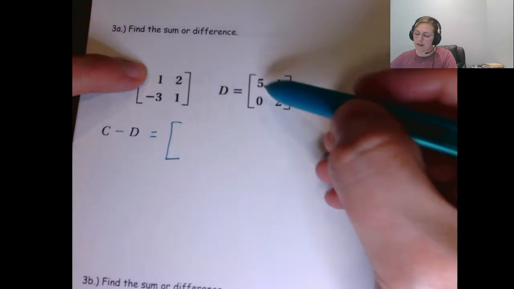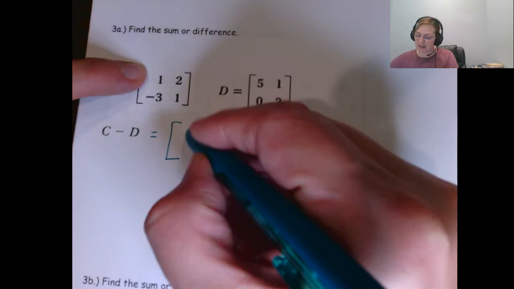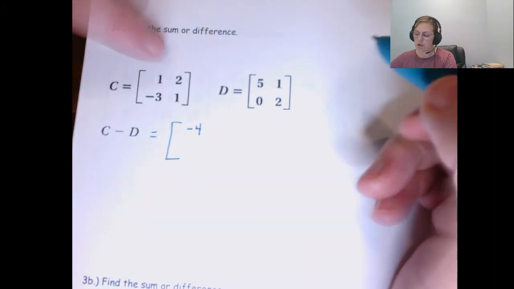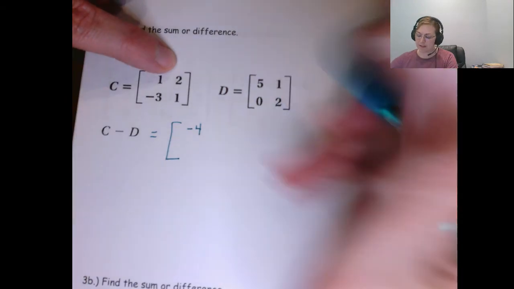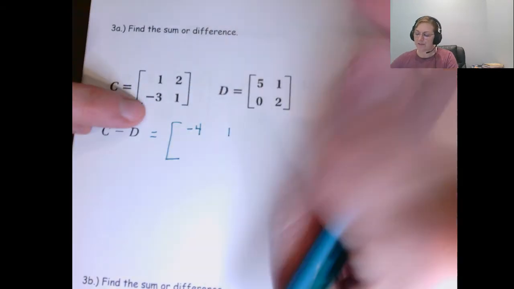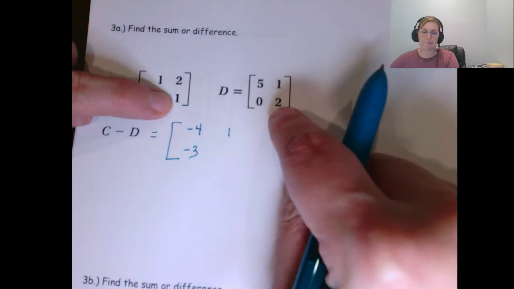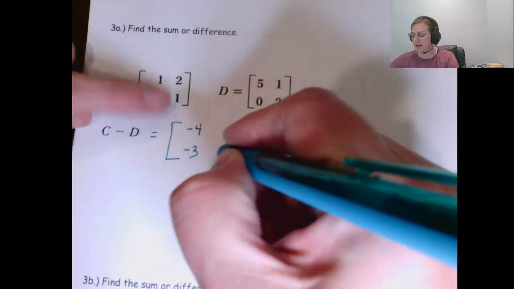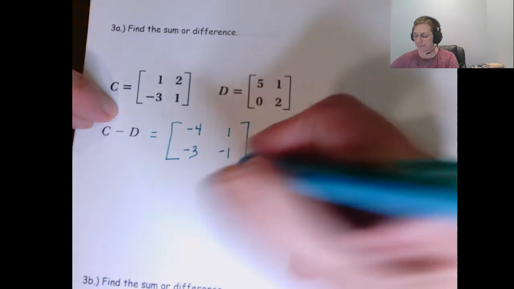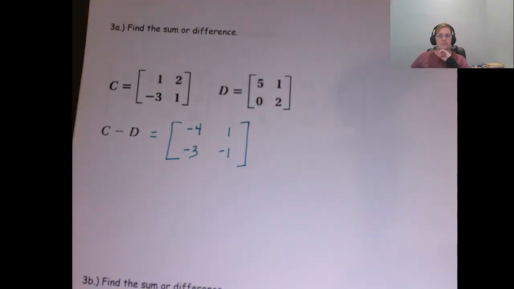I've got 1 minus 5 gives me negative 4. Watch the order. 2 minus 1 gives me 1. Negative 3 minus 0 gives me negative 3. And 1 minus 2 gives me negative 1. Okay, pretty good with that.